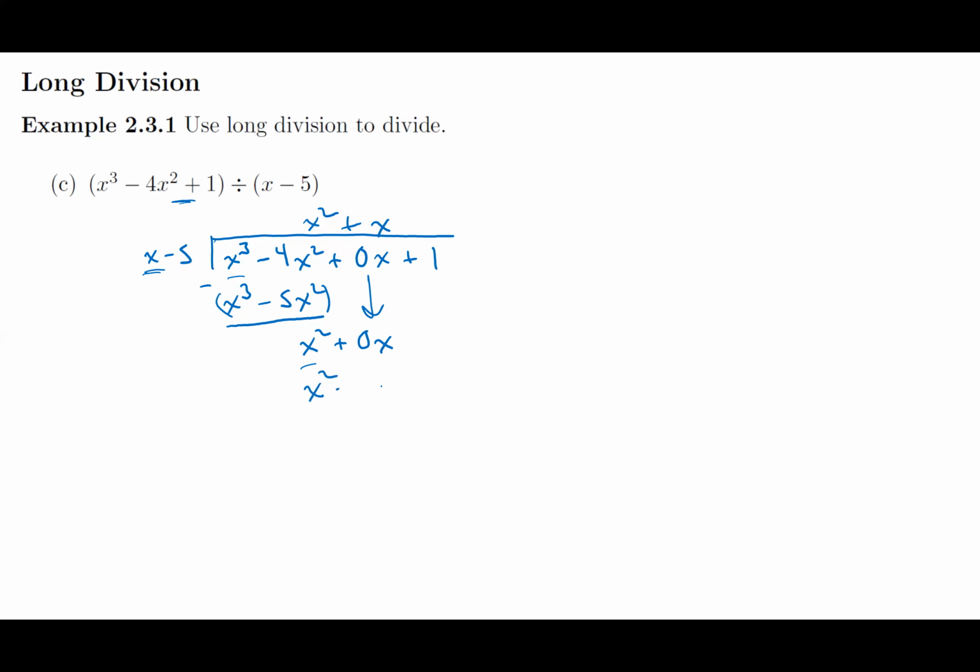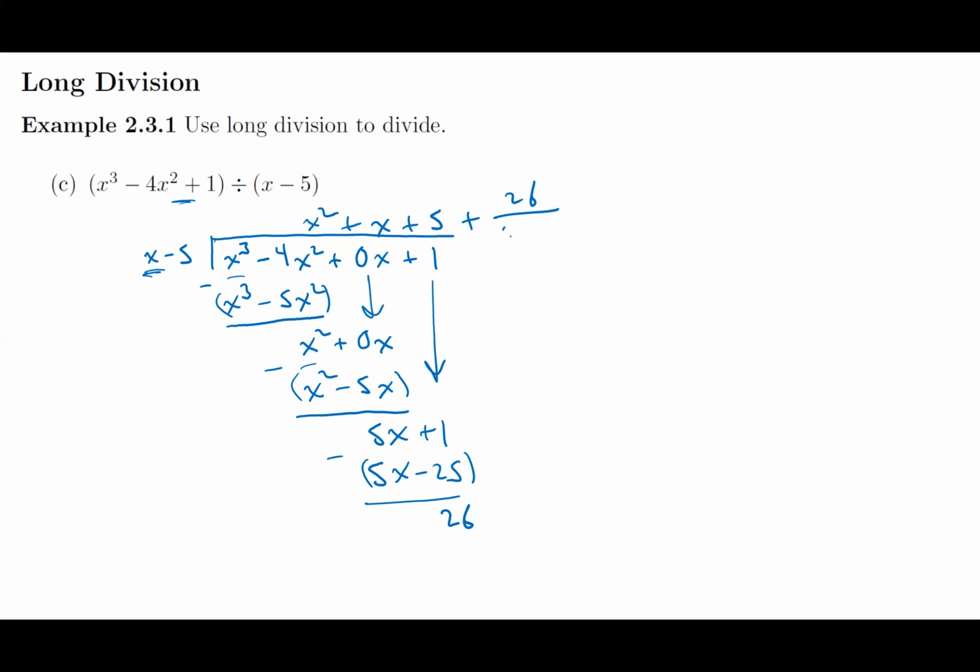X squared minus 5x. I subtract. 0 minus -5 is 5. And bring down. And then x times what is 5x? Well, 5. So we have 5x minus 25. 1 minus -25 is 26. We have it. All right.